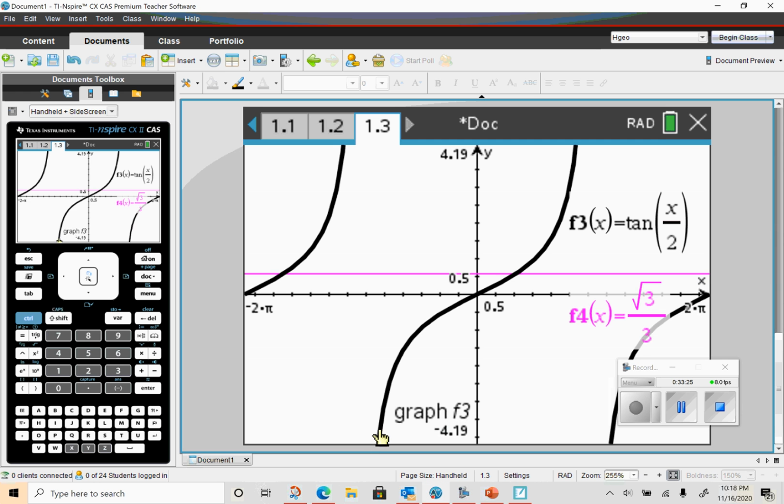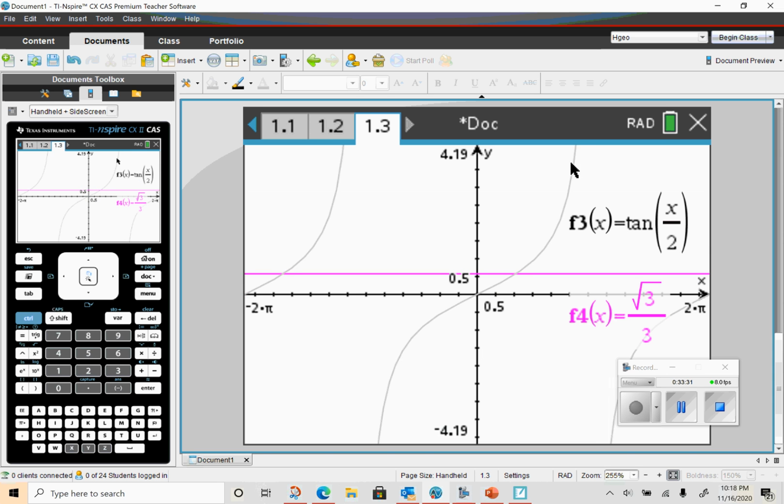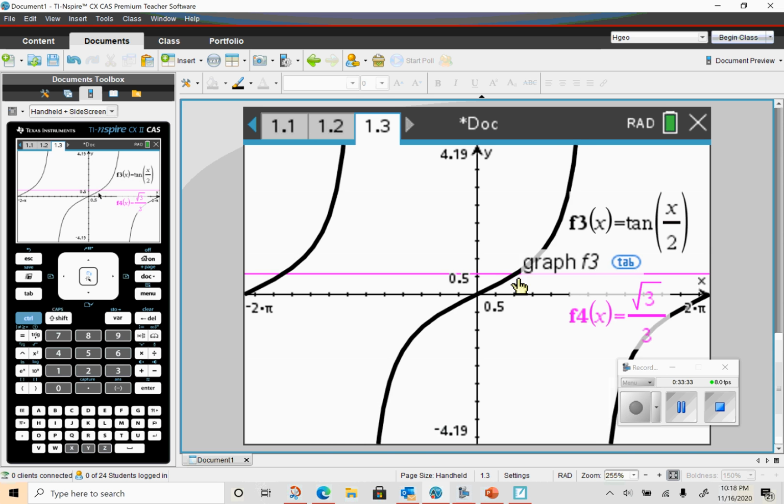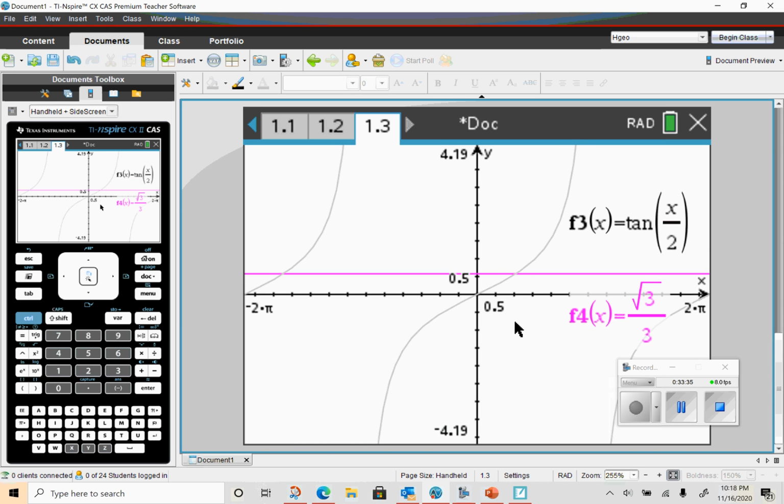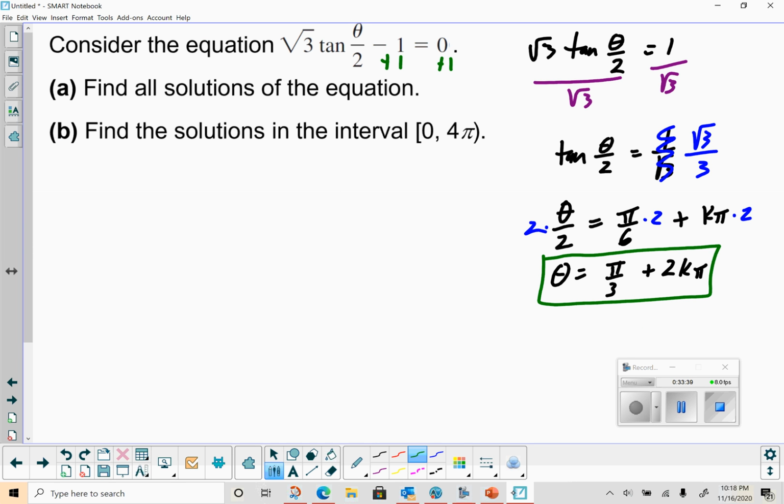You see here for one period where it goes through all the negative values, goes through 0, and turns all the positive values, there's only one point of intersection. So for this, we need just one expression, which takes care of all of the different intervals. So this is our answer for part A.